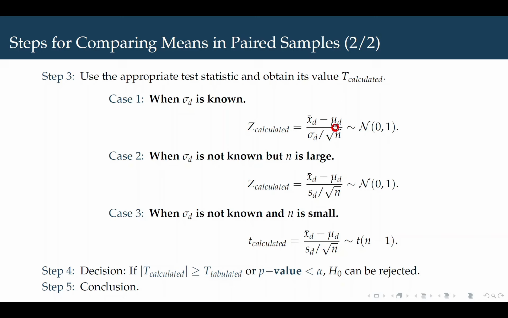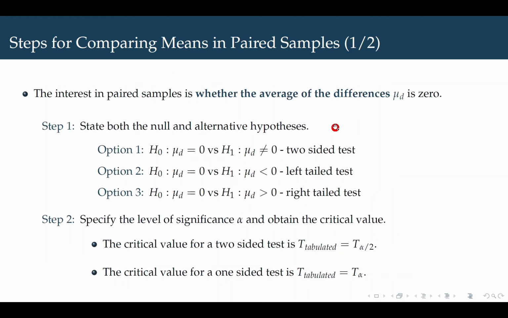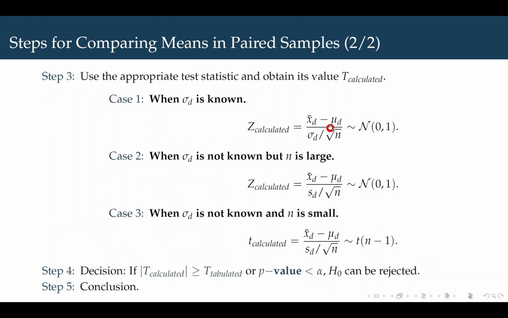This is actually 0 under the null hypothesis, and divided by the population standard deviation of the differences over root of the sample size. Since this will have a normal distribution with mean 0 and variance 1.